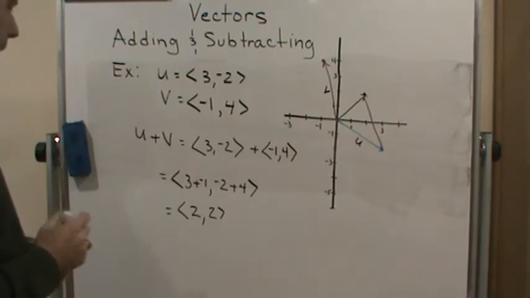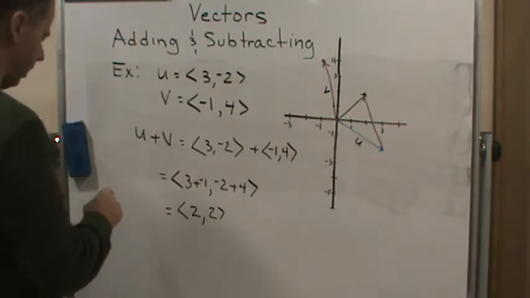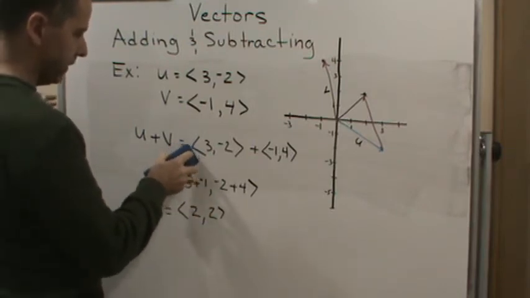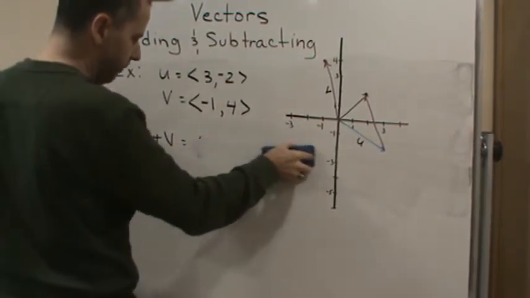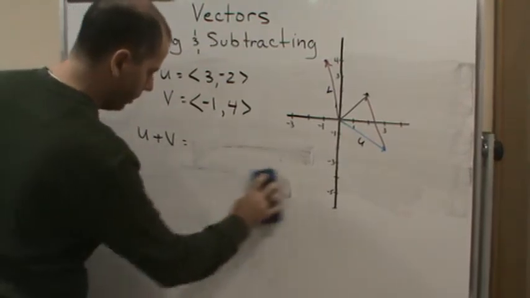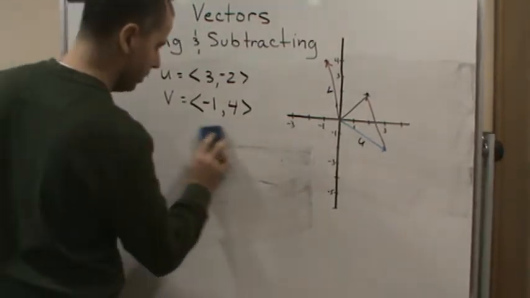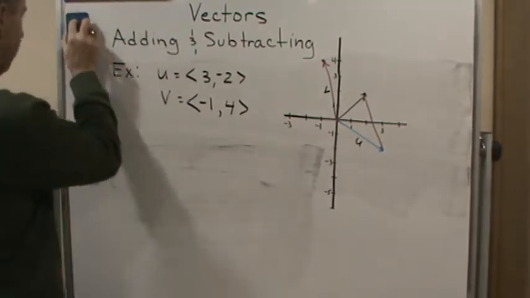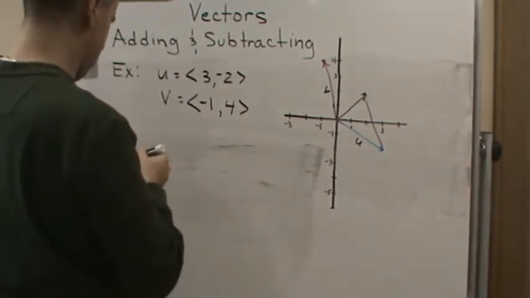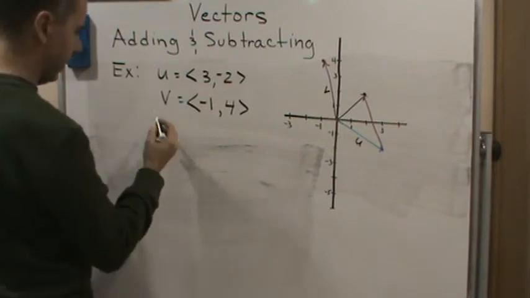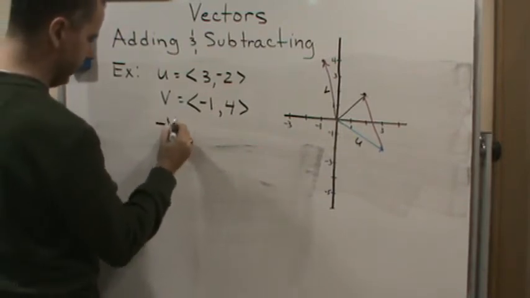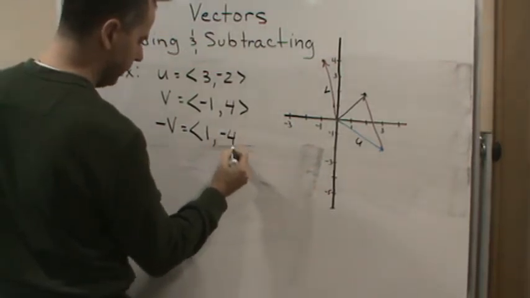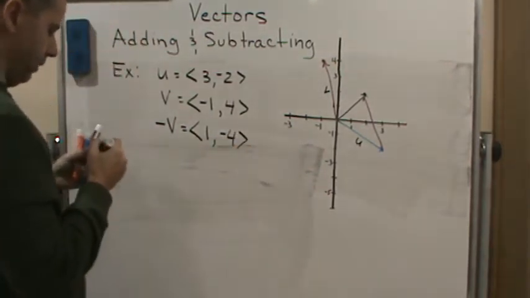Now, what about subtracting? Okay, well, again, it's just adding the negative, right? So we're going to have it go in the opposite direction, right? So again, if we have negative v, that would be 1 comma negative 4.